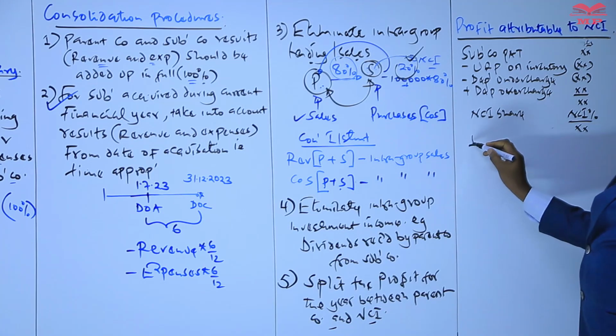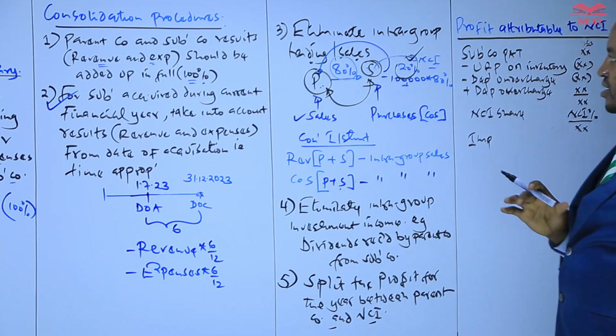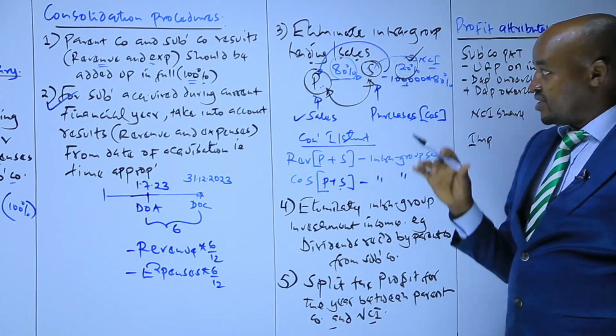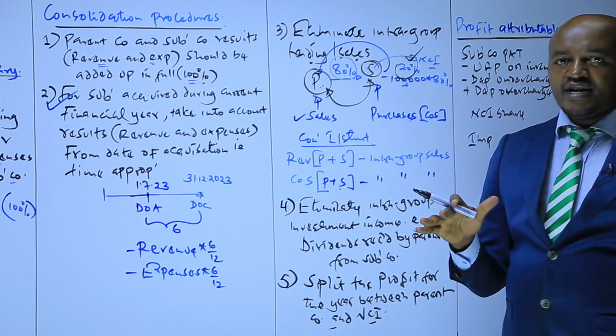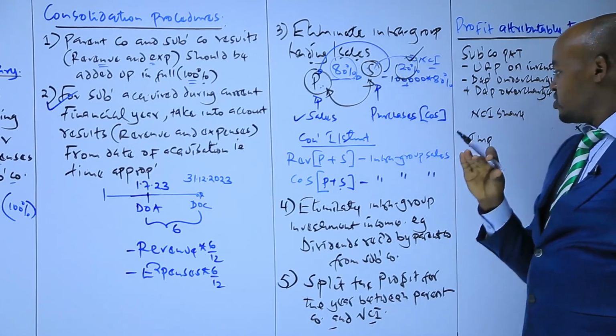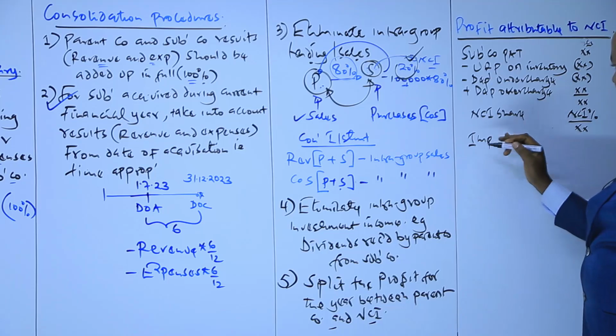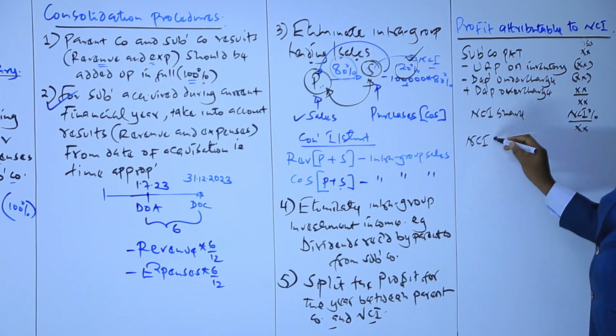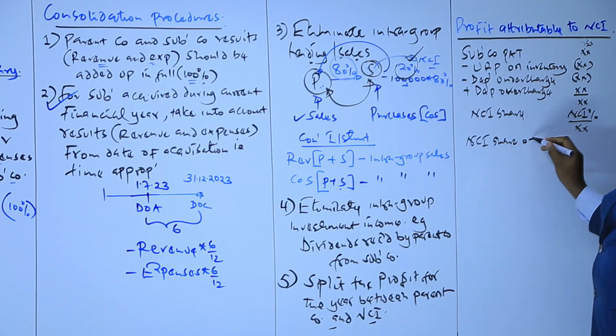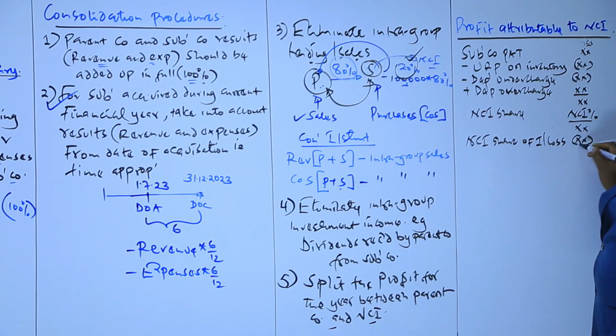But equally, if you compute the goodwill on acquisition using the full goodwill method, and that goodwill was impaired during the current financial year, you also have to compute the NCI share of the impairment loss. NCI share of impairment loss, and you deduct it from that particular profit.